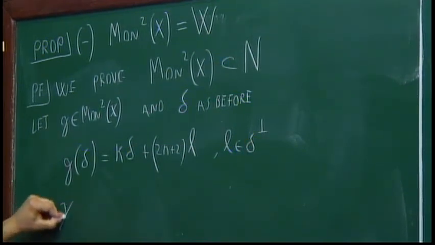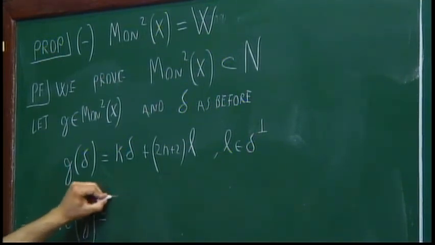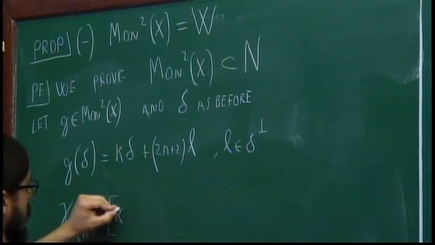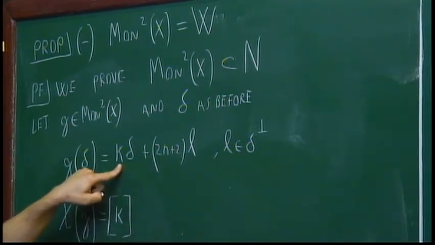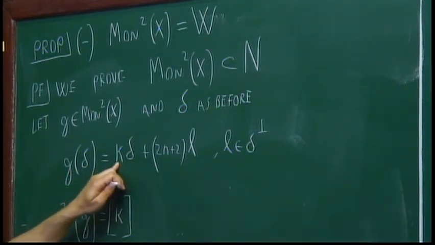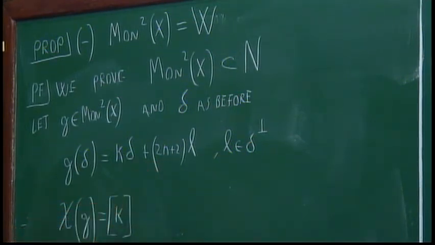So chi of g is going to be the class of this K over here. And we want to prove that K is congruent to plus or minus 1 modulo 2n plus 2.